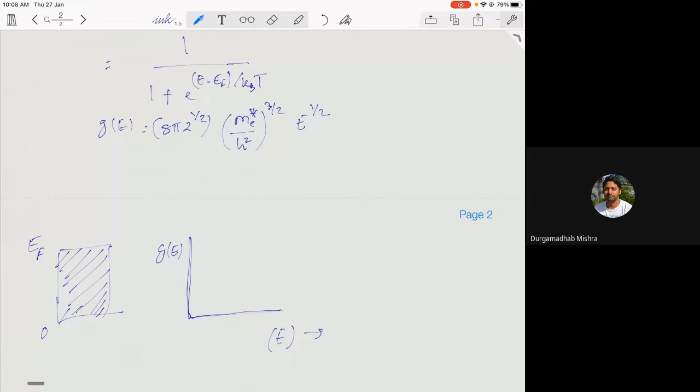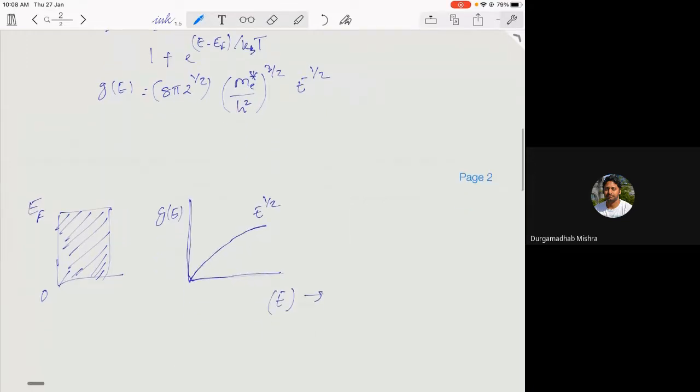So the energy dependence is E to the power half, which will be a function like this.